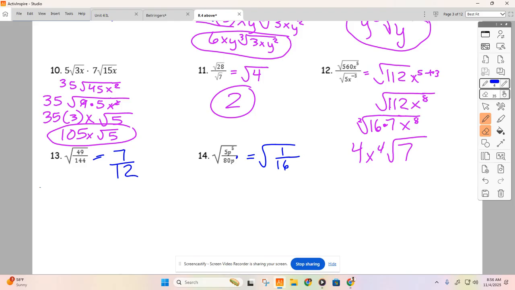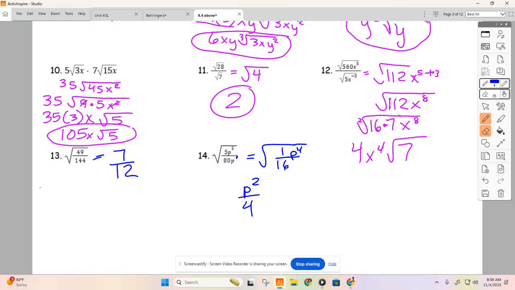So I'll end up with, at the top, p to the 4th. Are y'all with me on that one? Now the square root, it's going to still be a fraction. The square root of 1 is 1. The square root of p to the 4th is p squared. The square root of 16 is 4.